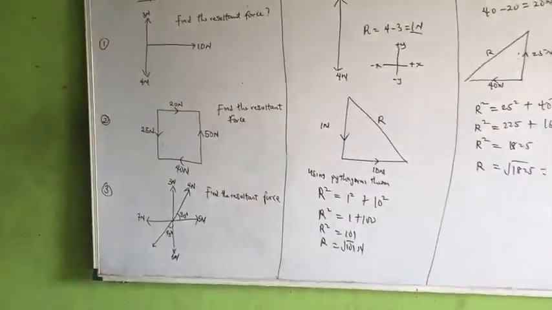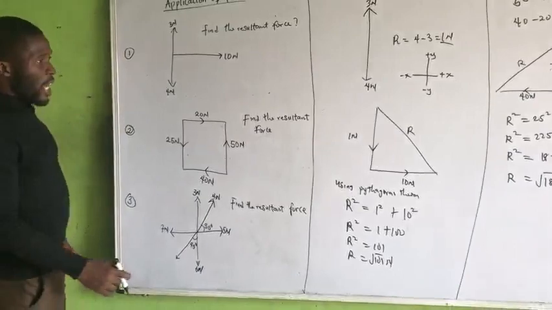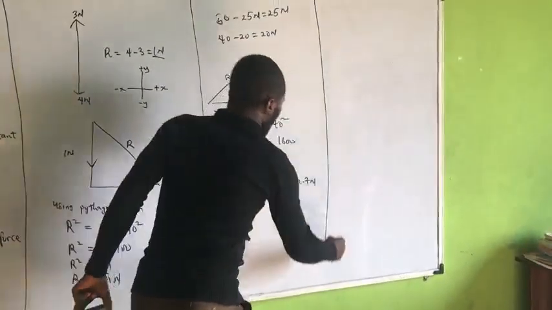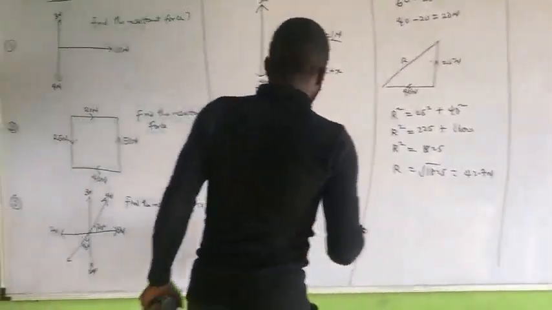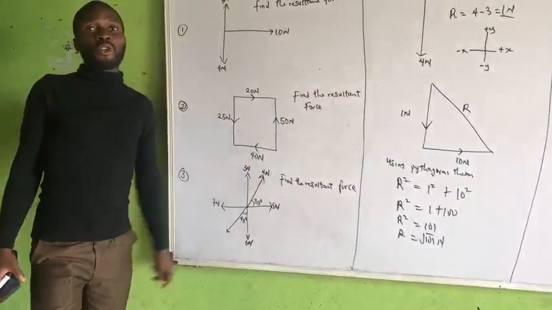Now let's talk about question 3. In this question 3, find the resultant. How do we find the resultant? We have done one or two questions like question 3. Now we are going to resolve this into vertical and horizontal components.